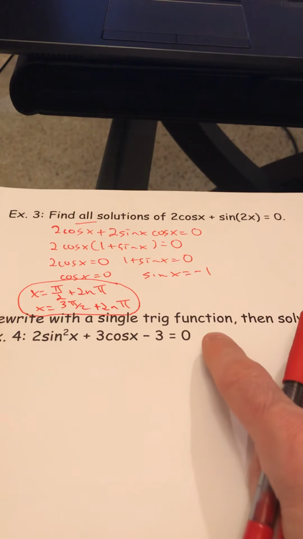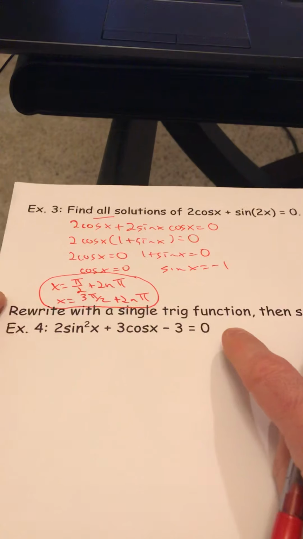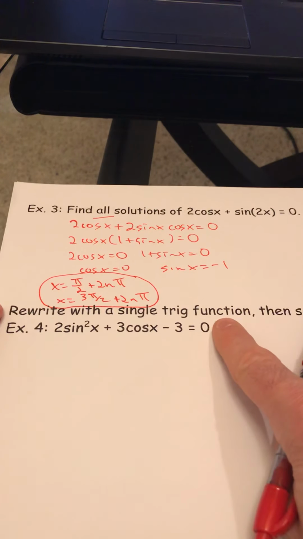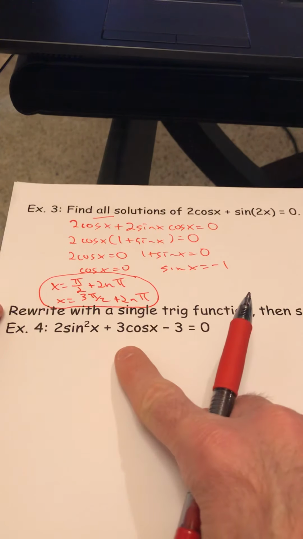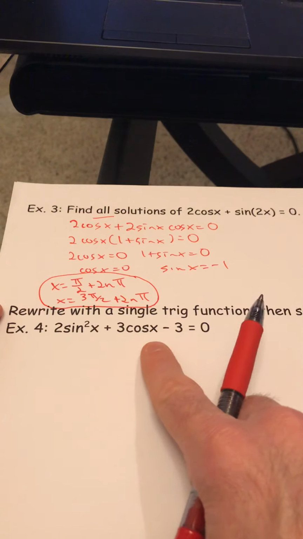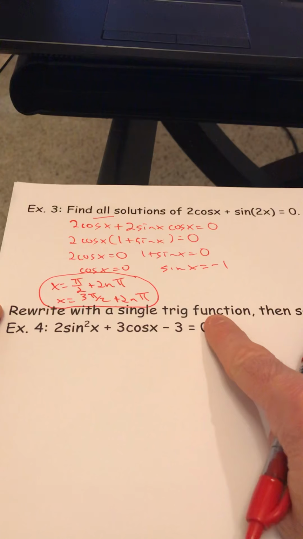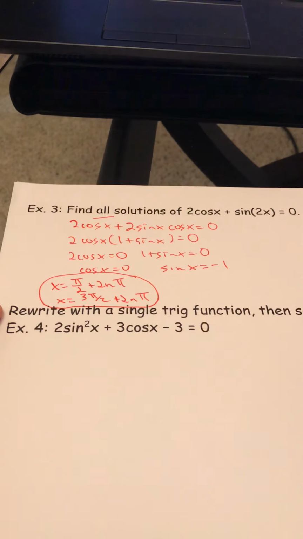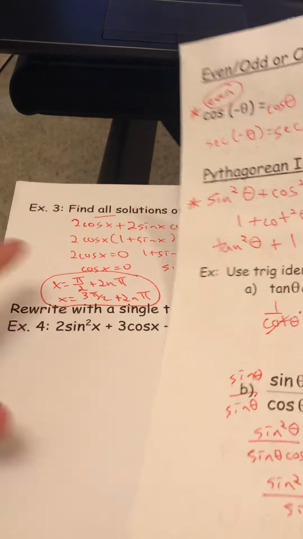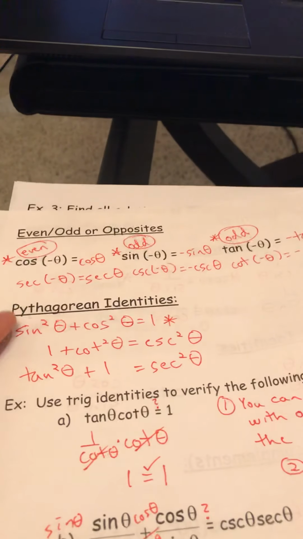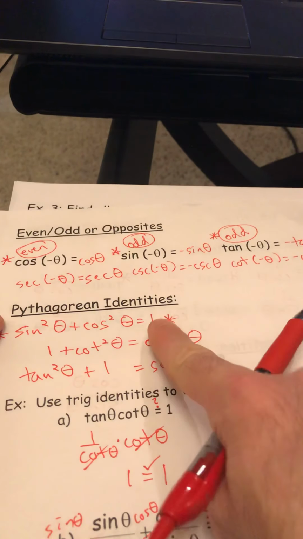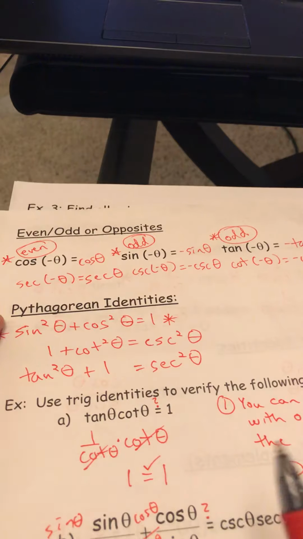Now, example 4, we do run across another issue here, which is even included in the directions, where we have 2 sine squared x plus 3 cosine x minus 3 equals 0. It does tell us to rewrite with a single trig function. In order to do that, we are going to need to use a Pythagorean identity. The sine squared we will turn into 1 minus cosine squared.